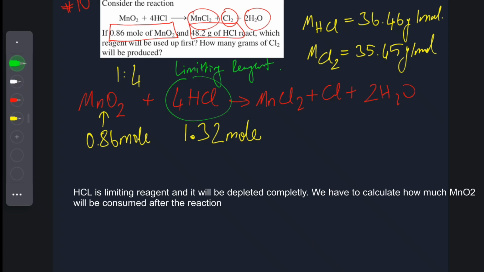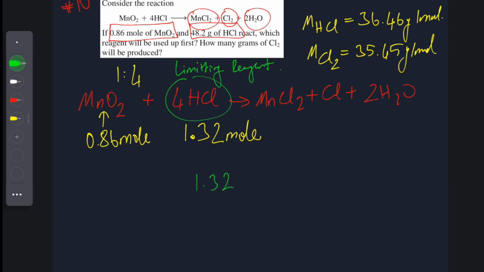It will deplete first. Therefore, 1.32 mole should equal 4x, since it will deplete 4x, and x becomes 0.33 mole.